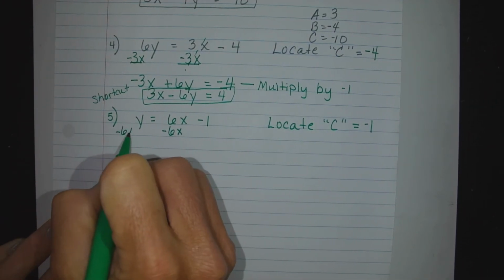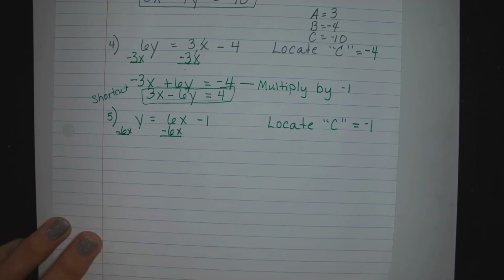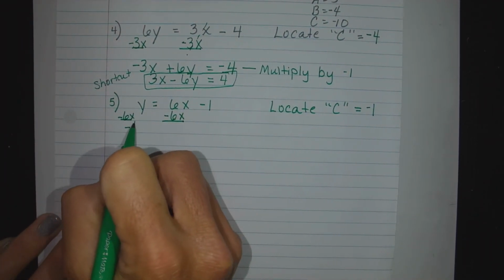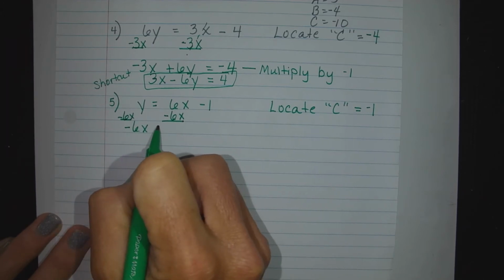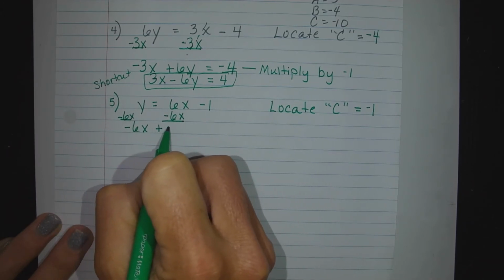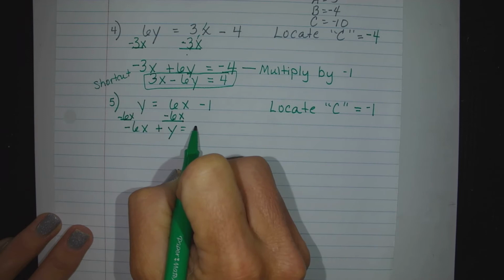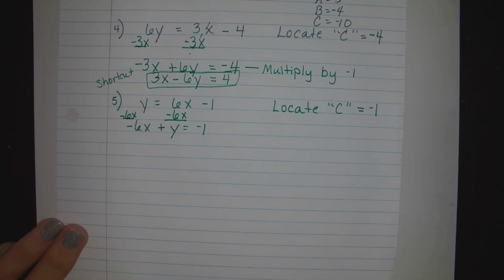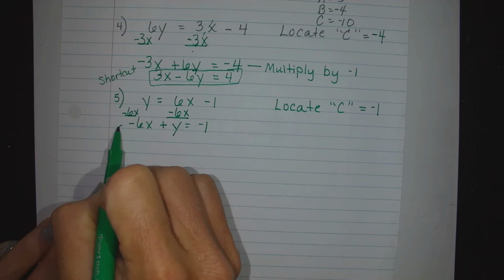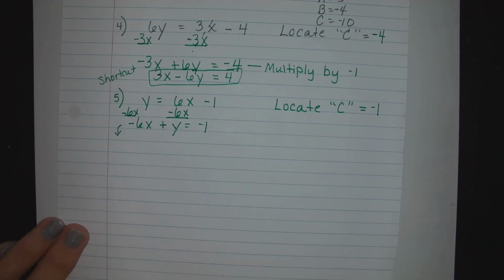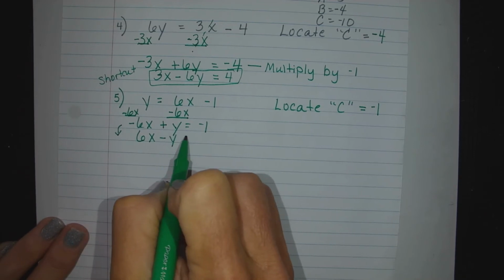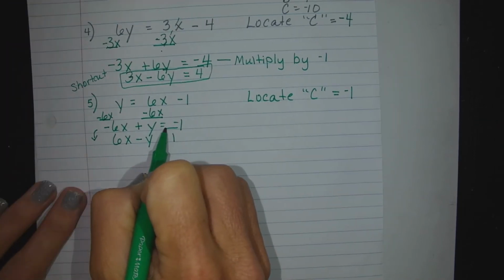Tell me what to write. Plus y equals. Are we done? Y. Because the 6 is negative. Right, so here's our shortcut. And tell me what to write. 6x minus y equals 1. Sweet. Good job.